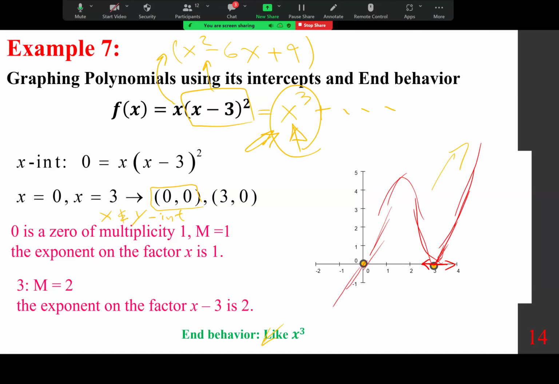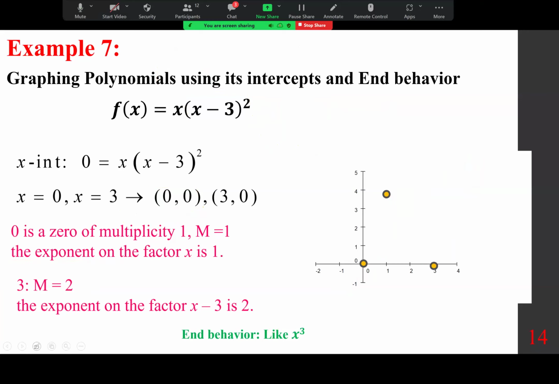You can always add a couple more points. For example, if I put 1 here, 1 minus 3 is negative 2 squared is 4.